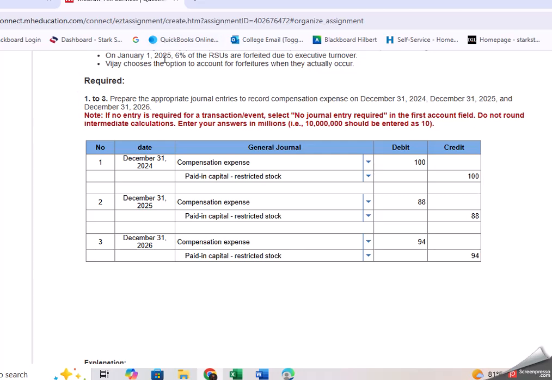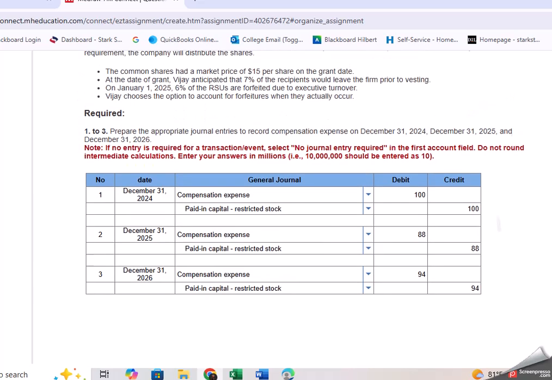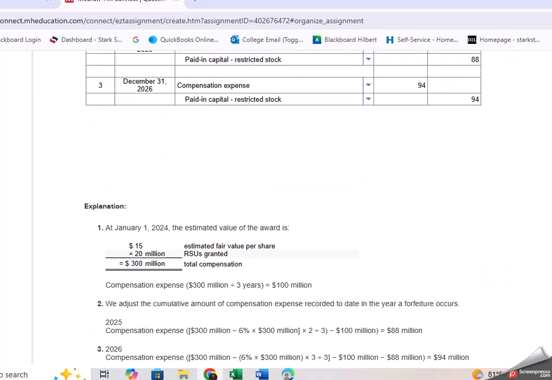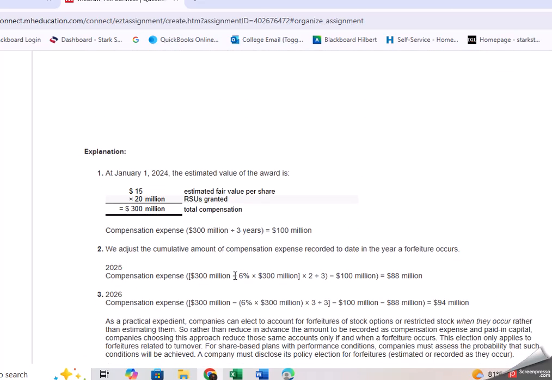Then on January 1st, 2025, one of the executives has left, or maybe a couple, whatever. But it's a result of 6%. 6% of these are forfeited due to that executive turnover. So then now we need to adjust our compensation expense.